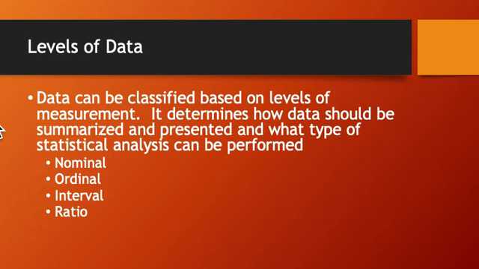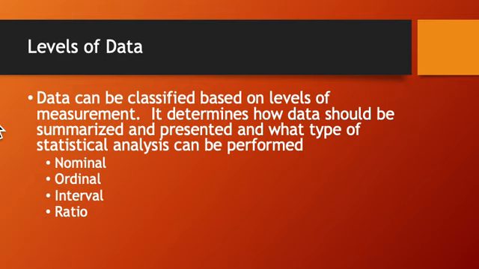And we classify those into 4 different primary categories. 1 is nominal. Nominal is data that is represented as labels or names, and it has no order. It can only be classified and counted. All right, so that's nominal data.